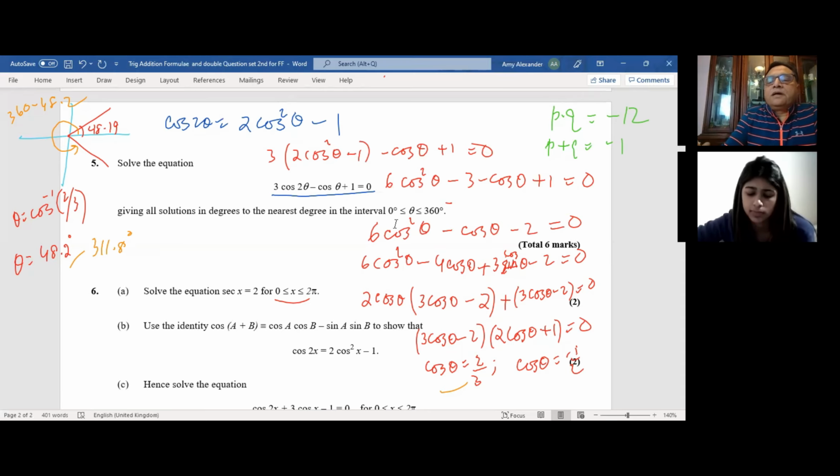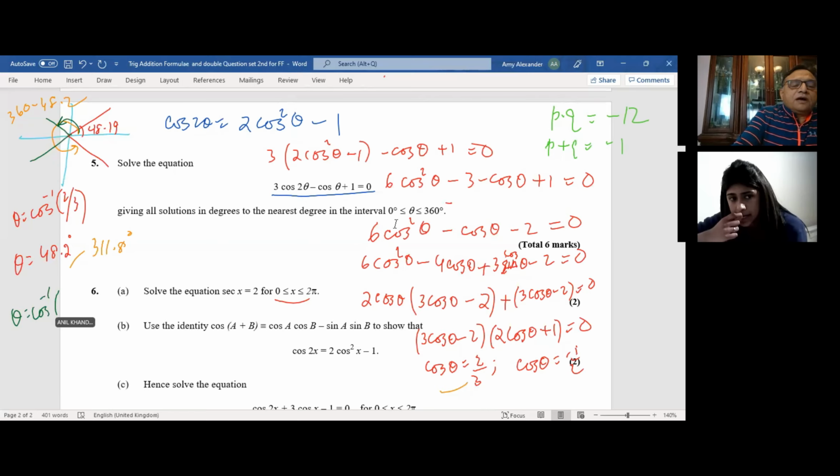And now cos inverse of half. Half you're getting by pi by 6, or 60 degrees, right? So when we look into the angle which is minus half, it is in these two quadrants. Theta equals cos inverse of half will give you 60 degrees, correct?